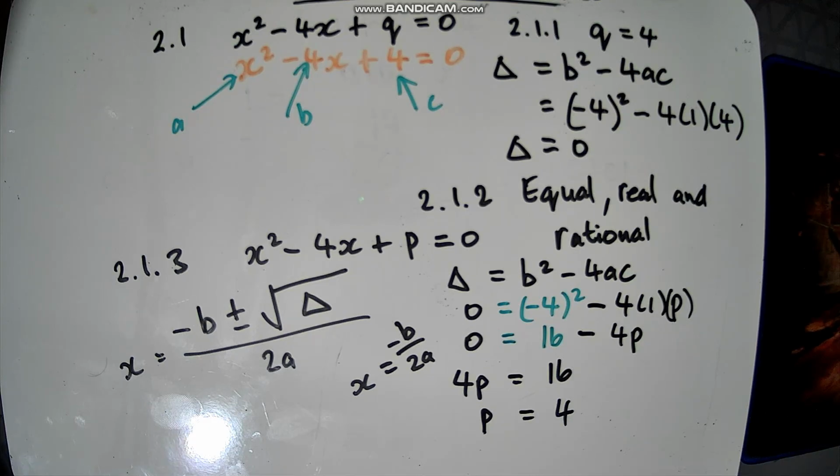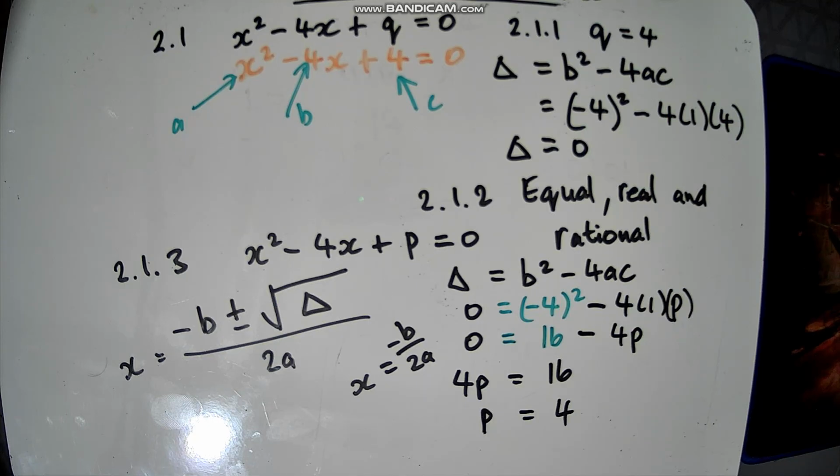And so notice, you'll have x is equal to minus b over 2a. That means an integer over an integer. So this is why we get equal, because why? Under the square root sign, we have a 0. Then we have a fraction. A fraction means a ratio, and so it is rational, right? But notice that's if under the square root sign is 0.